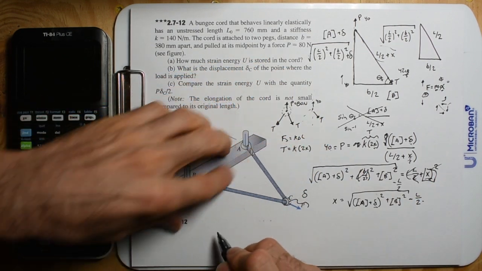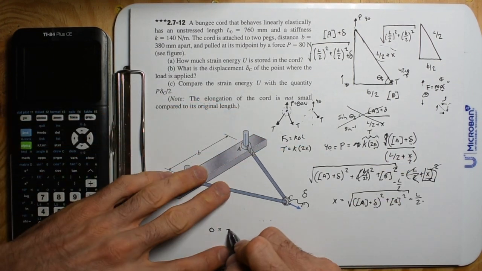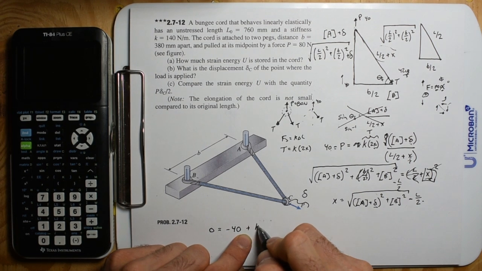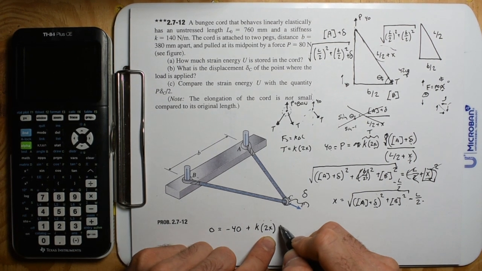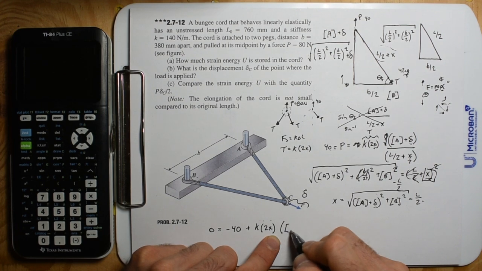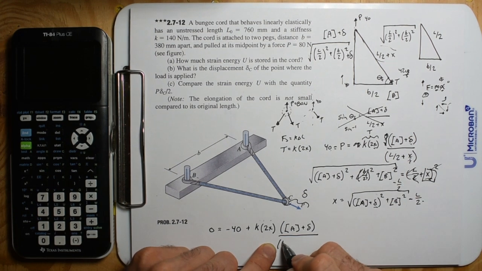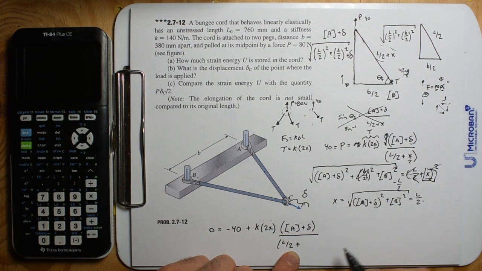So in my calculator, I said 0 is equal to, bring the 40 over there, negative 40, plus k 2x, and then we have to do the alpha a plus delta divided by L divided by 2, and then plus, now you got to throw this x term in.